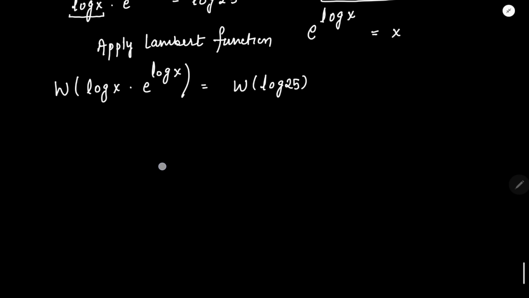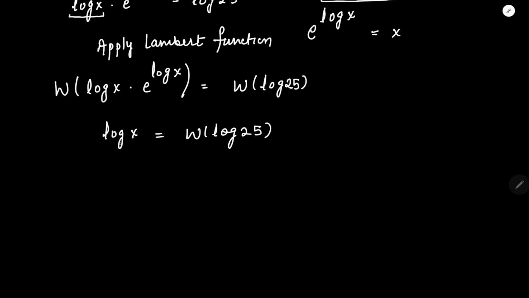So left hand side will become log x, because a e raised to power a is equal to a when we apply Lambert function, is equal to W of log 25.